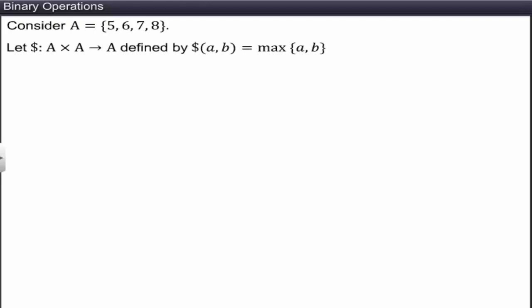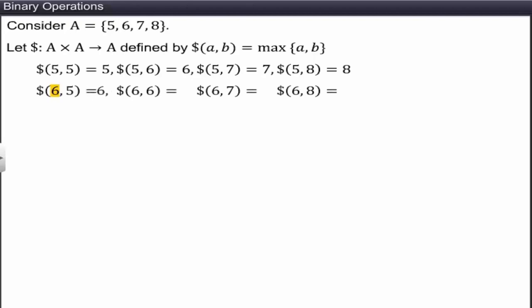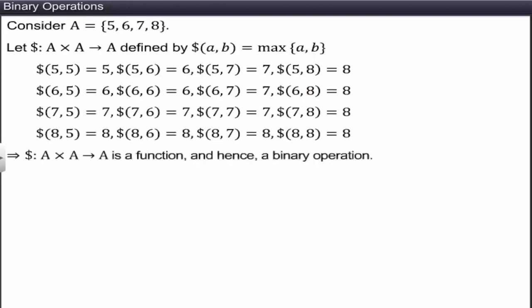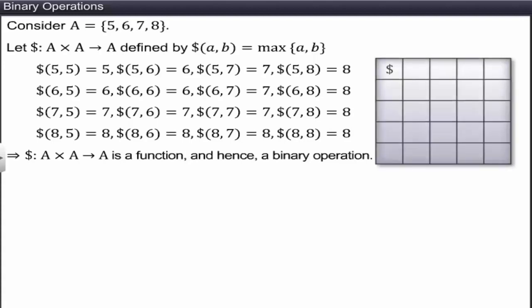Let $ be a relation from A cross A to A, defined by $ of A comma B is equal to maximum of A comma B. Here the maximum of any two elements of A also belong to set A. This shows that $ is a function on A, and hence a binary operation on A. This binary operation can be expressed using the table as shown.